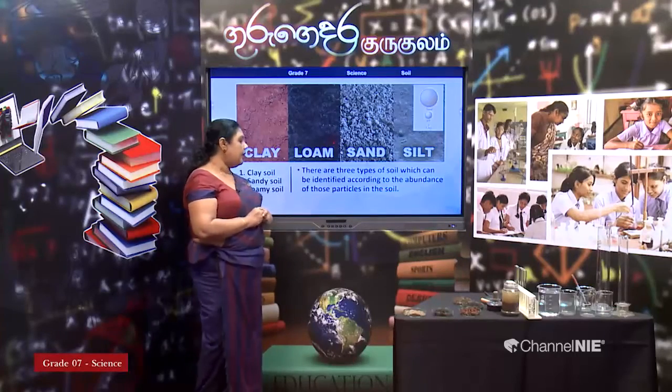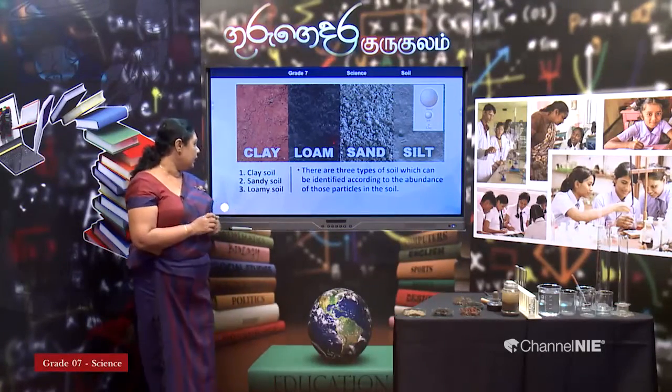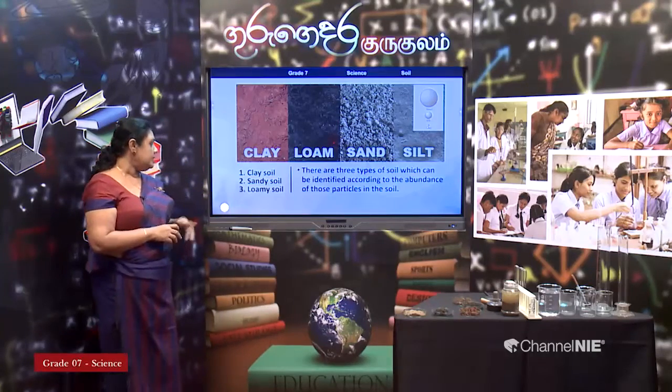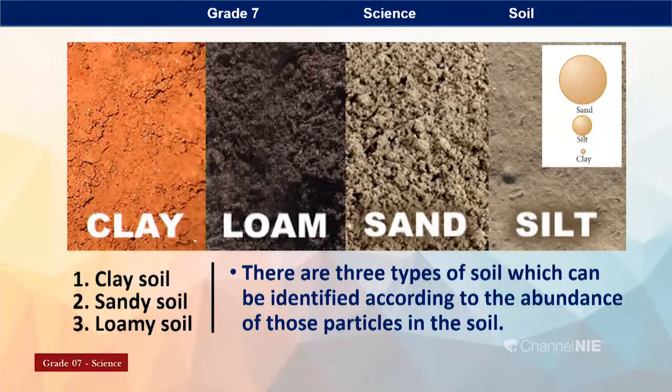So, we can mainly divide these into three: clay soil, sandy soil and loamy soil. Mainly, there are different types of soil. What are the three types? Clay soil, sandy soil and loamy soil. So, it is categorized according to their property. Property means how it is made up.